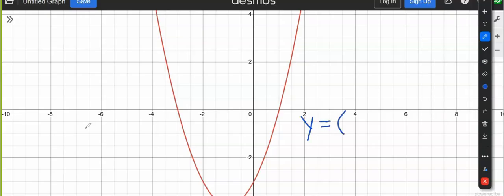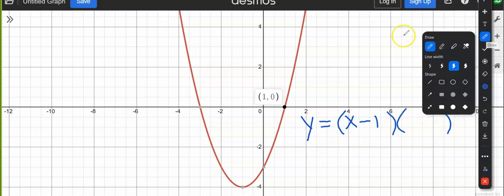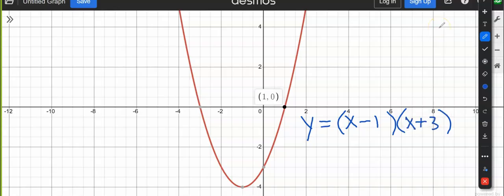What's the equation? Remember, I want it in factored form. y equals x, and then minus 1.25. Is that what that is? Or just 1? And then x plus 3. That would be a good answer for this question.